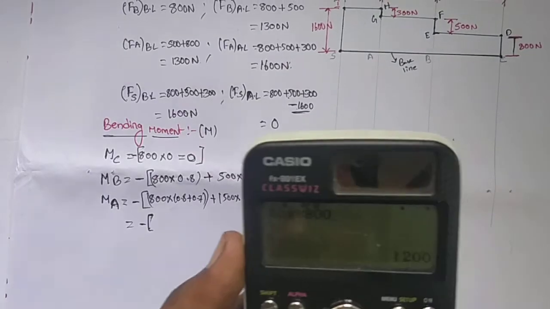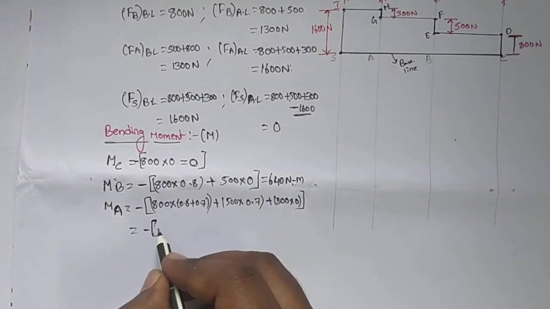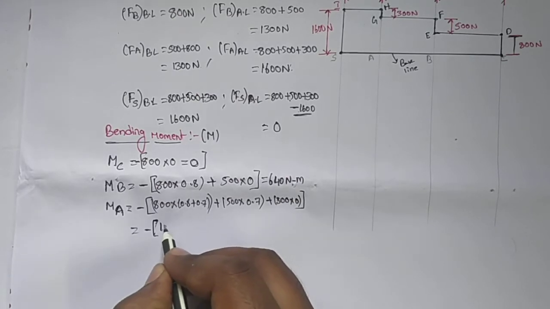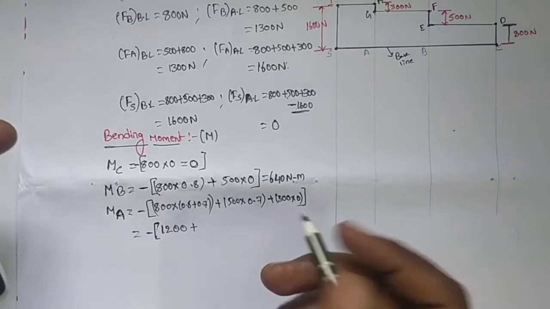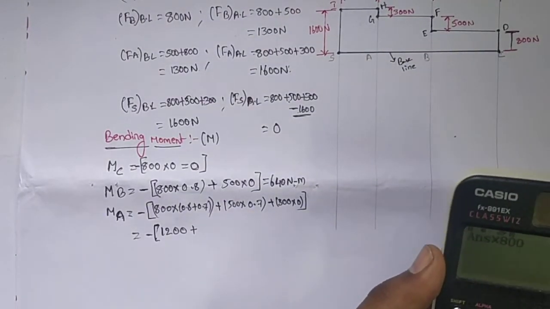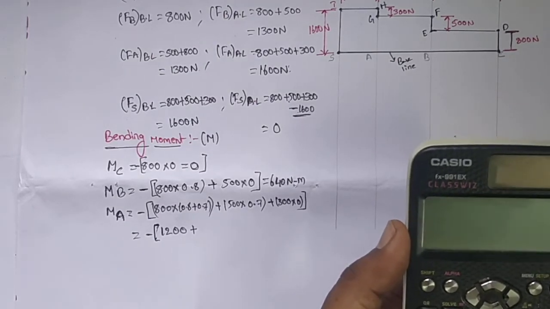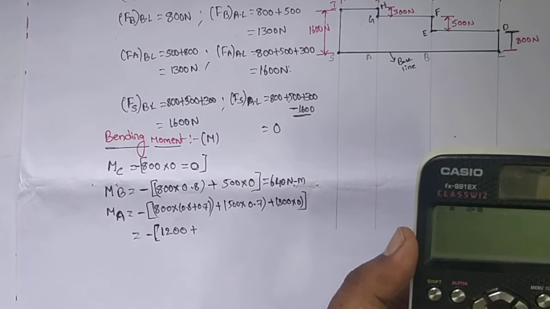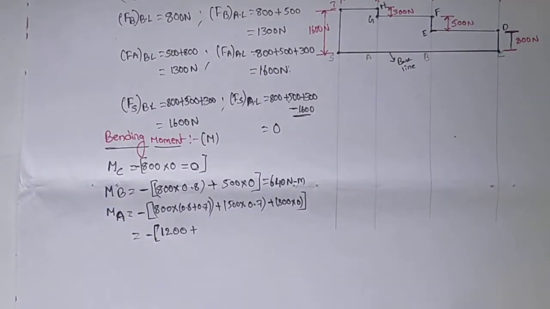We'll get the value of bending moment caused by the 800 load at point C is 1200 plus bending moment caused due to the second load, that is 500 into 0.7. 500 into 0.7, we'll get the value 350.